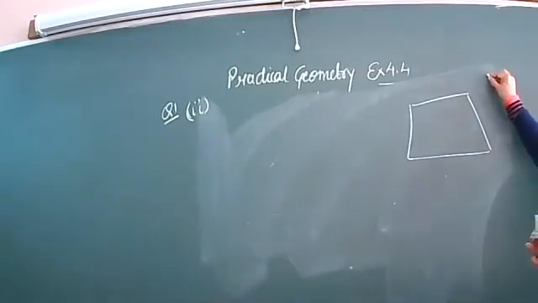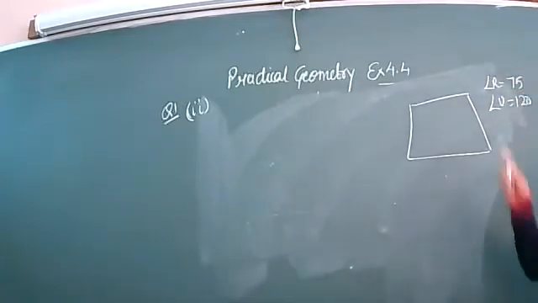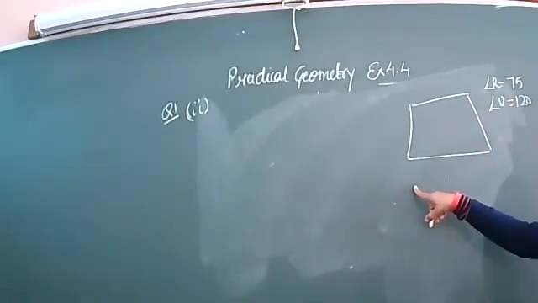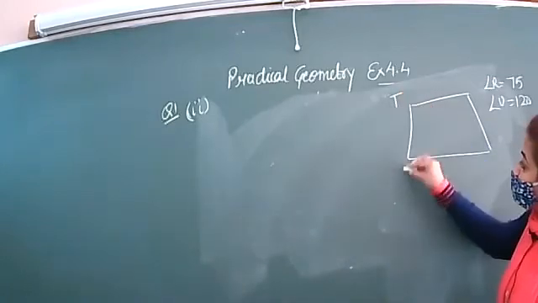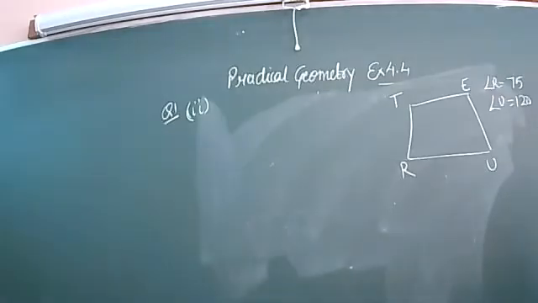As you can see, angle R is 75 and angle U is 120. These two angles are given, so it's compulsory to take these two at the bottom line. The name of the figure is TRUE. So we will start from TRUE. Is it okay? Got it?